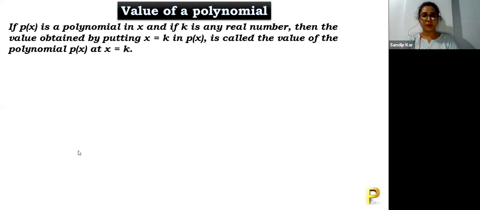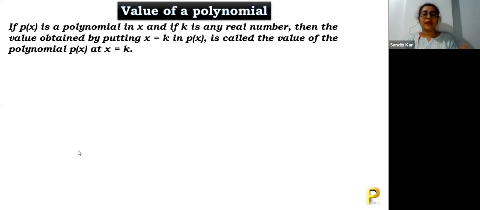If p of x is a polynomial in x and if k is any real number, then the value obtained by putting x equal to k is p of x. At the end, whatever answer you get will be the value of p of x only, correct?